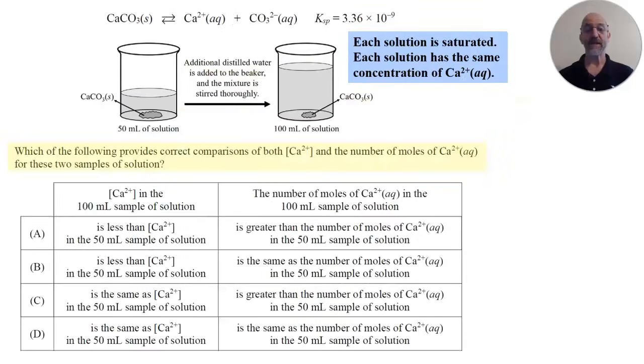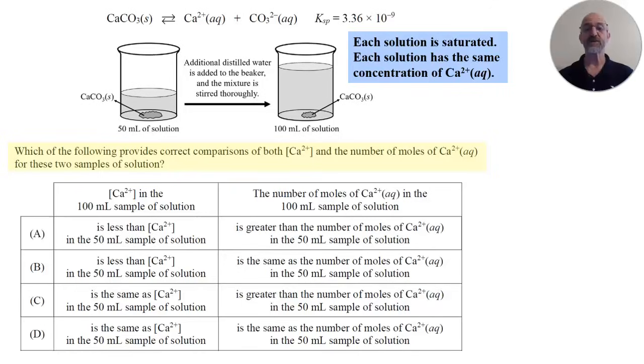So what you can see is that we now have the question and 4 answer choices. It says, which of the following provides correct comparisons of both the concentration of calcium, which is the first column, and the number of moles of aqueous calcium ions, which is the second column. So we're comparing the 50 milliliter sample of solution before the additional water was added and the 100 milliliter sample of solution after the water was added.